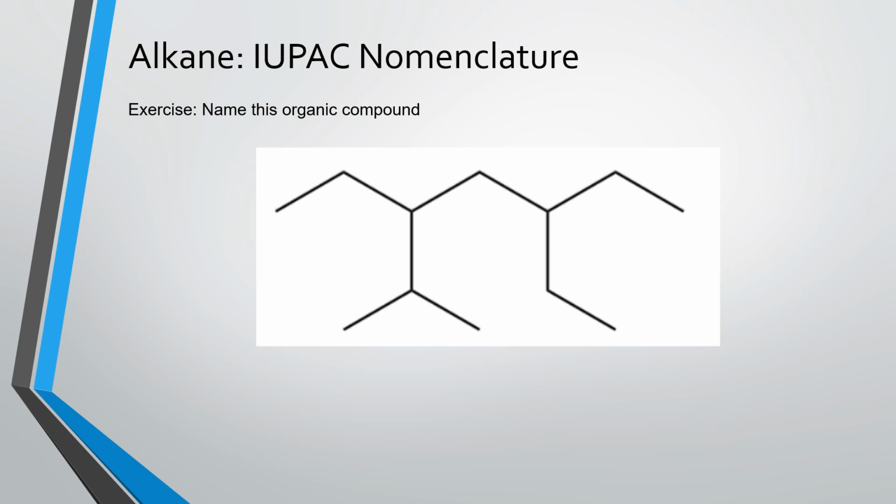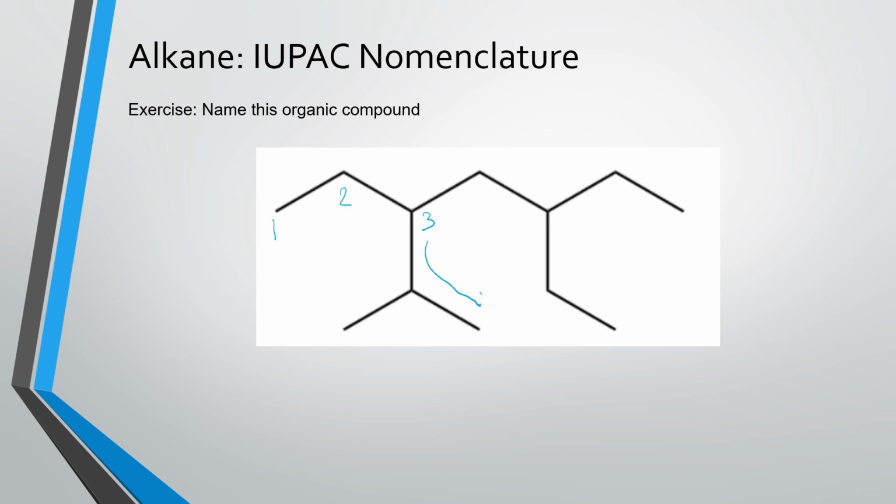Okay, down to our last example. Masyado bang mahirap? Madali lang yan. Basta i-follow nyo lang yung rule. Unang hanapin ay yung longest chain, the parent chain. So, saan tayo unang magsisimula? Usually, dito tayo sa left. So, let's start from here. 1, 2, 3.